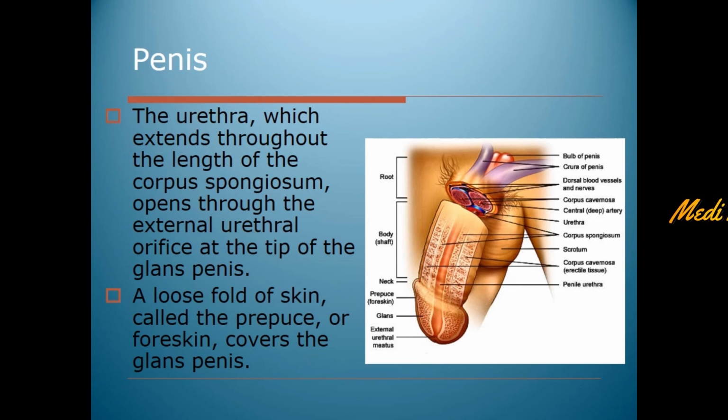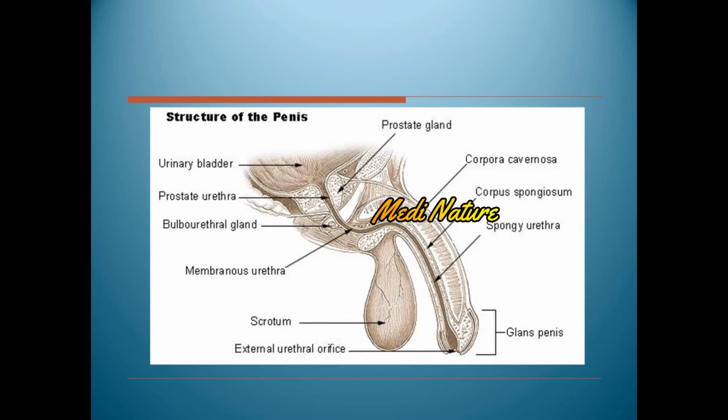The urethra, which extends throughout the length of the corpus spongiosum, opens through the external urethral orifice or urethral opening at the tip of the glans penis. A loose fold of skin, called the prepuce or the foreskin, covers the glans penis. This picture will give you a clear idea about the anatomy of the penis.